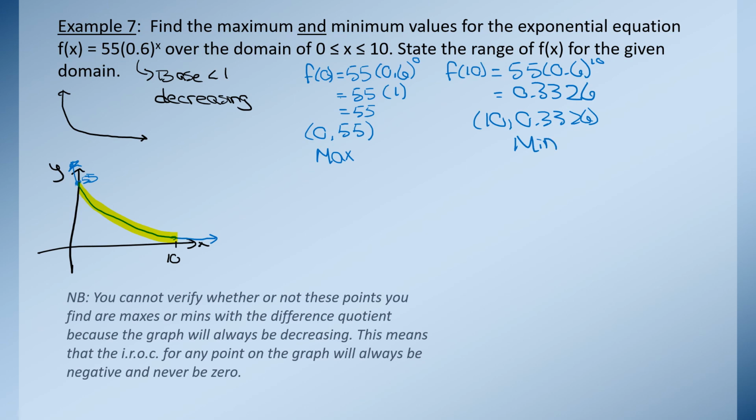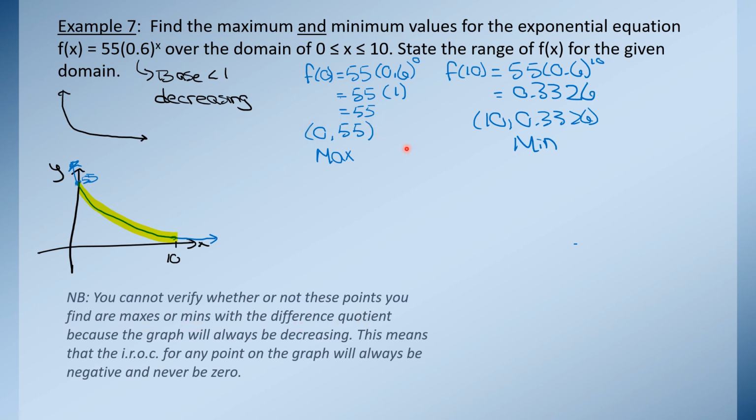So the question said find the maximum and minimum. That's all we had to do. We didn't have to do what's down here. It says this little note at the bottom. NB means pay attention, okay? Nota bene. You cannot verify whether or not these points you find are maxes or mins with the difference quotient.